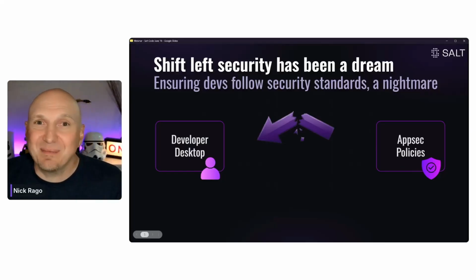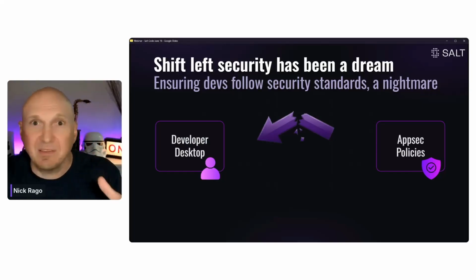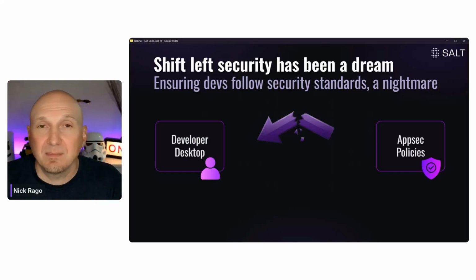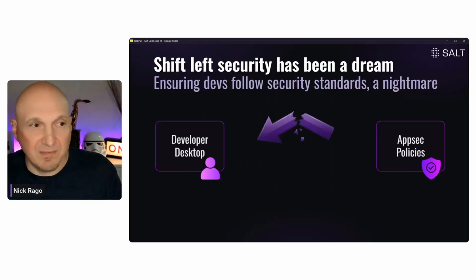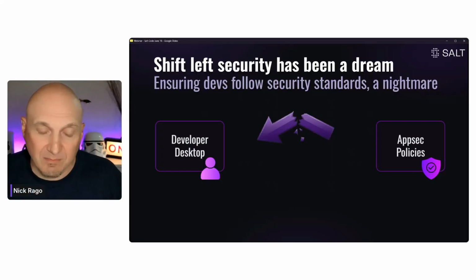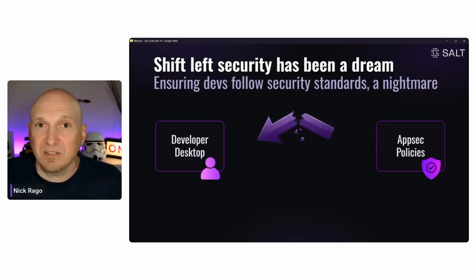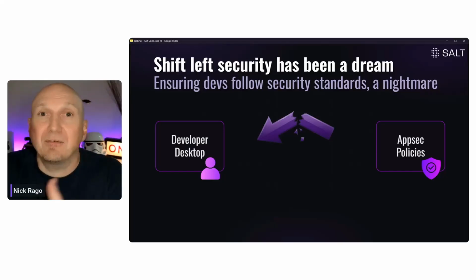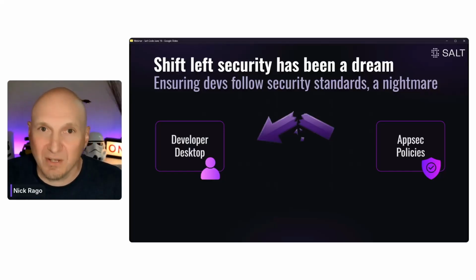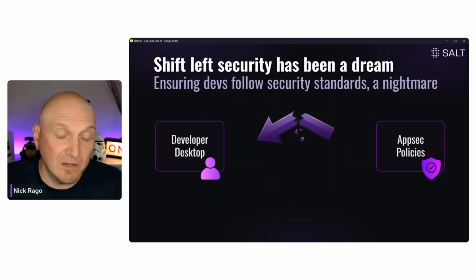We tried holding seminars with our developers. But short of any Jedi mind tricks and telepathy and putting our security standards in developers' and architects' heads, we all know that is very, very difficult, especially when we lived in a world in the past where developers, and I'm an engineer by trade, and I know going through some of the digital transformation projects that I had worked on previously, a lot of the engineers were really compensated on how fast they were building microservices and pushing code out. So security was always not top of mind in those paradigms.